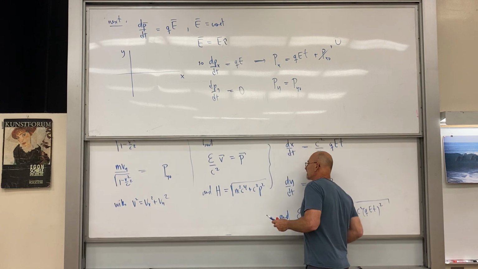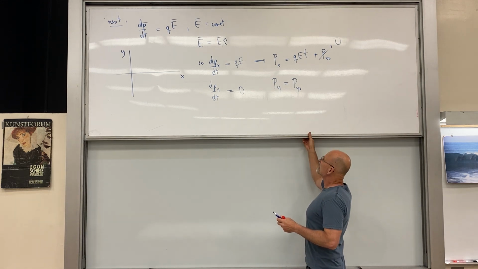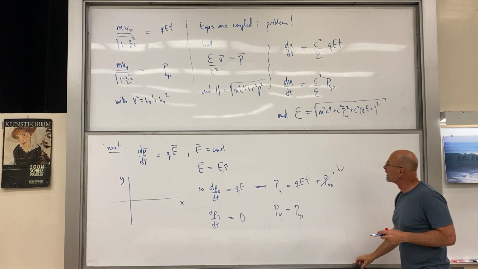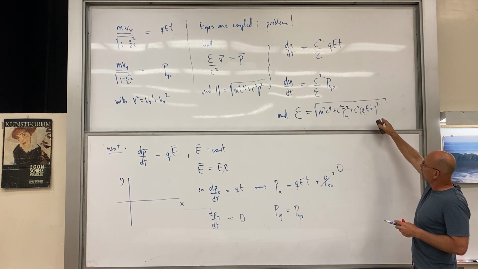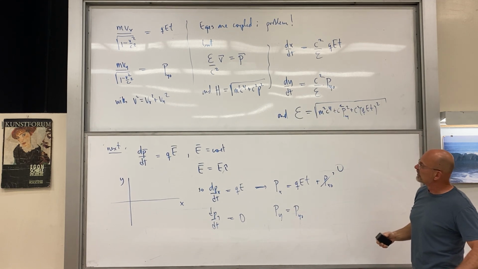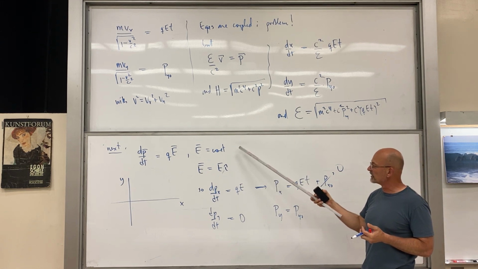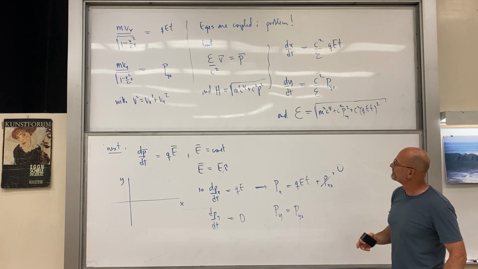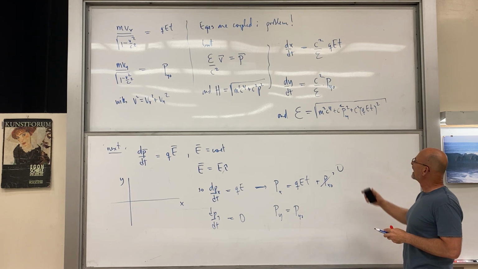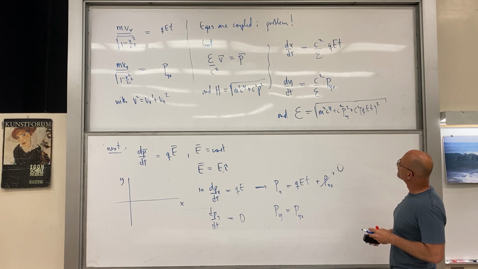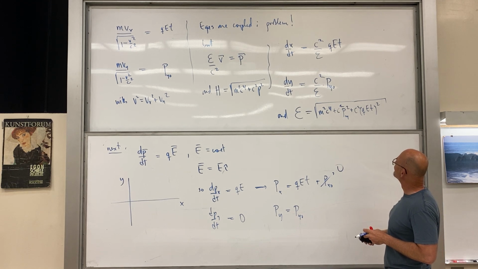You may want to write down a little bit of commentary that I just said there, how we're justifying using something that we said was for a free particle. This is not a free particle, it's under a constant force. So in essence, we're just treating this as a kinematic problem at this point.